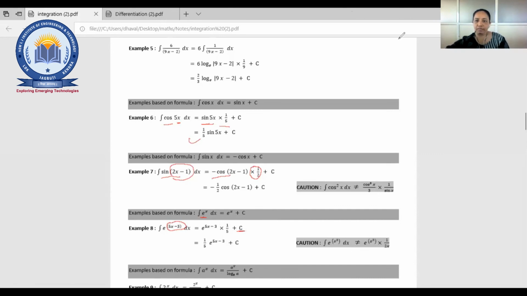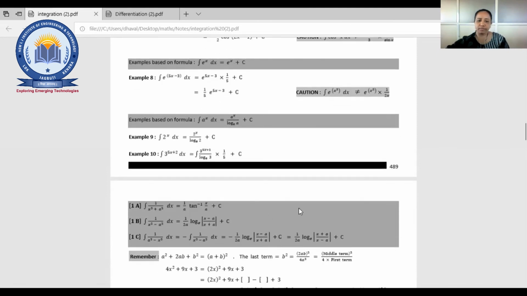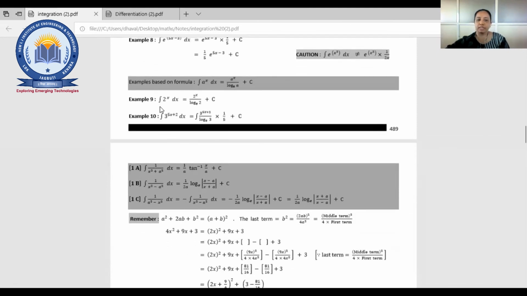So for that, let's take a simple example, 2 raised to x. Instead of a, here that will be 2. So just put it in this equation: 2 raised to x upon log 2.